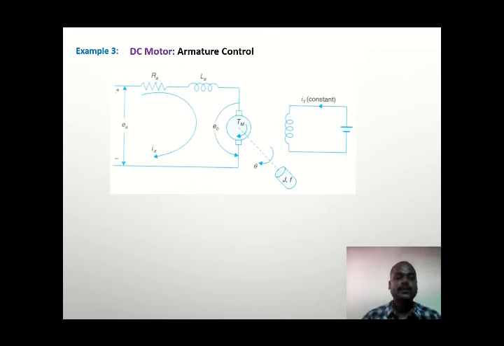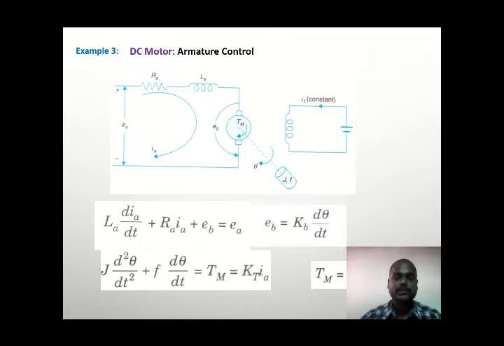We can have another example, which is from an electromechanical system, in which we have taken an armature controlled DC motor, and the equations for this purpose will be electrical and mechanical. So we will see them one by one. First of all, let's look at the electrical part of the equation.